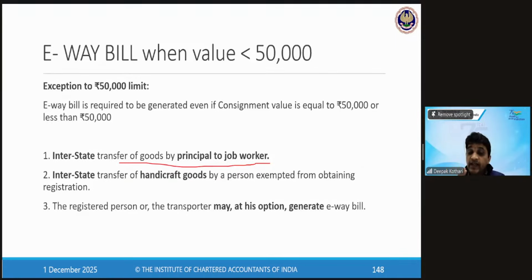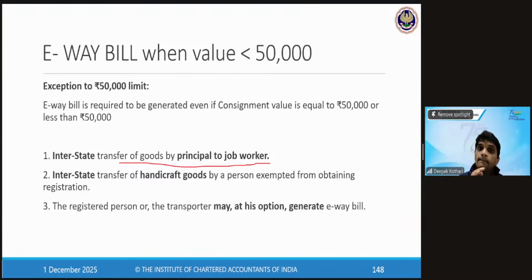Generally, when you make an interstate supply, you have to take compulsory registration, correct? Because in registration, we will see that the 20 lakhs limit for services and 40 lakhs for goods will not apply when you're making any interstate supply.